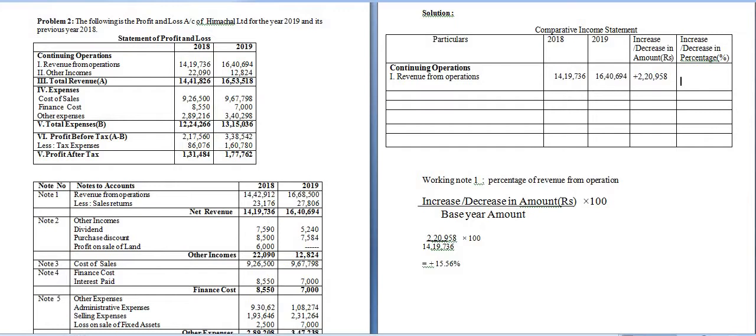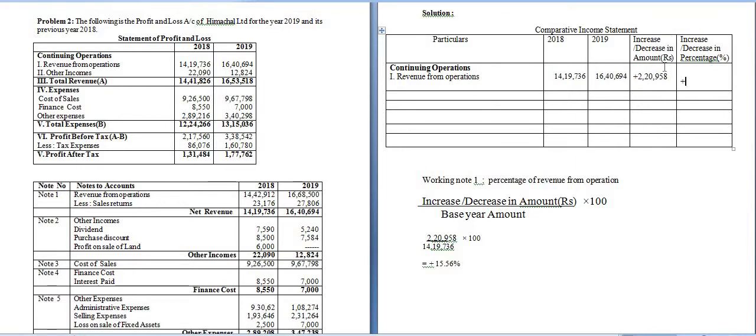Now we have to find out the percentage. How will you find it out? Here we have already written a working note. Percentage of revenue from operations is the increase or decrease in the amount of the concerned item, divided by the base year amount of the concerned item, into 100. Here the concerned item is revenue from operations.